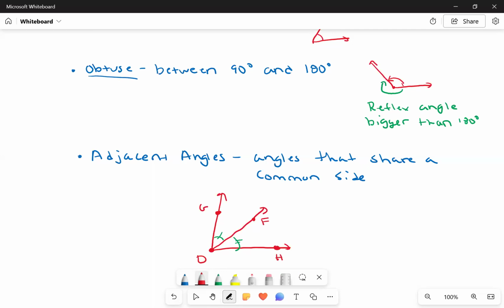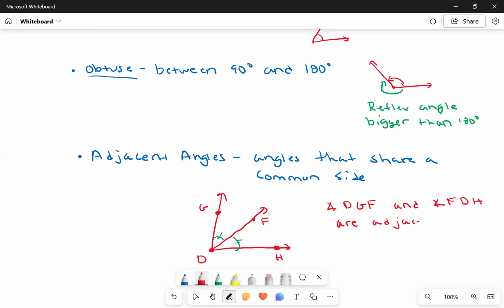Okay. So angle DGF and angle FDH are adjacent.